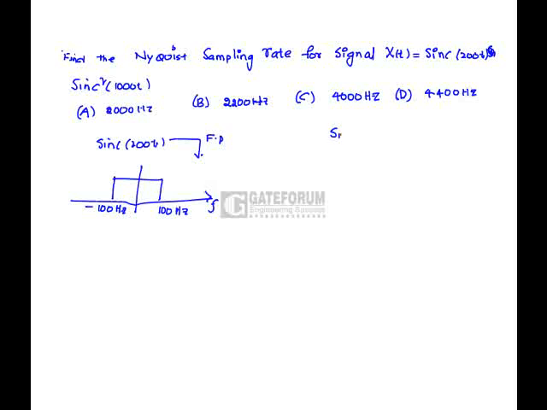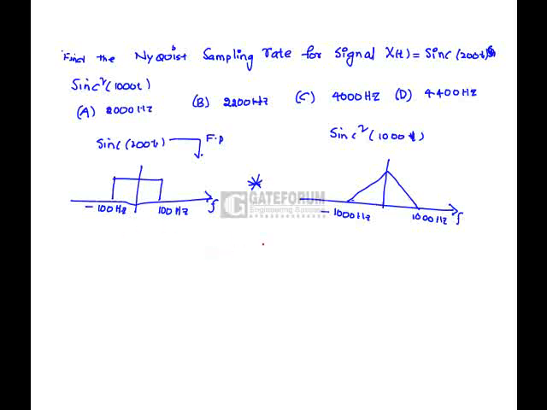whereas sinc square in frequency domain is represented in this way. This is frequency 1000 Hz, minus 1000 Hz. But in time domain, sinc 200t and sinc square 1000t are multiplied. Means in frequency domain these two signals are convolved.